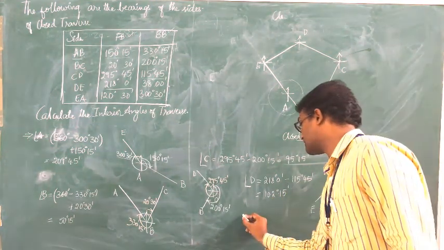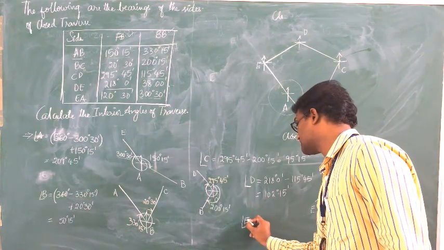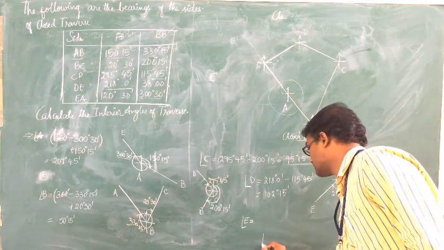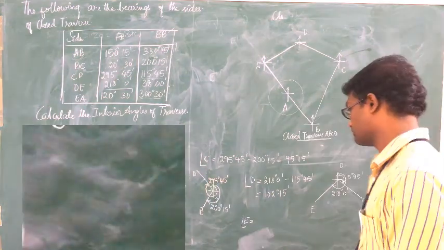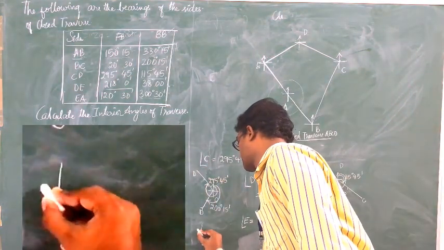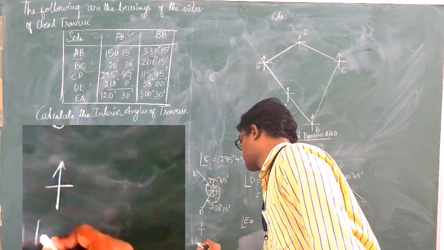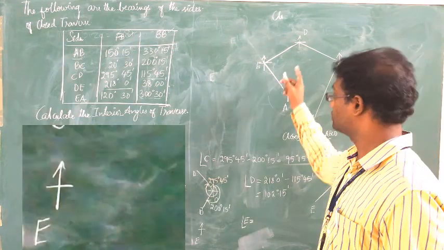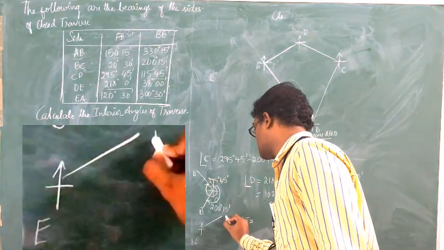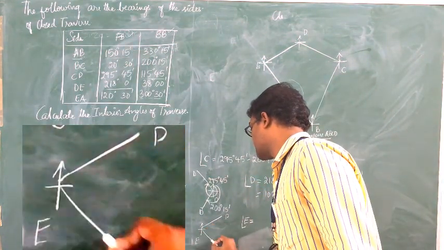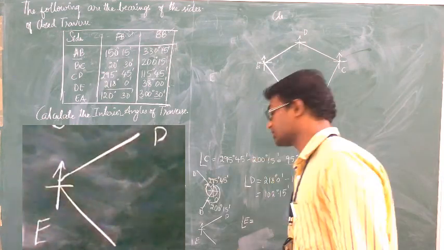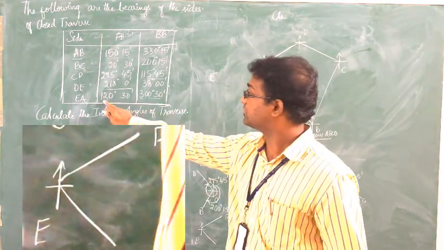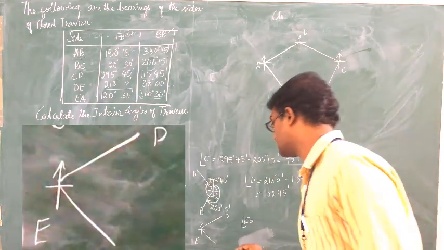Now let us calculate last angle, that is angle E. Draw the angle E. From station point E, I have two lines. One line is to D, and the line is to A. Now, do I know bearings of them? E to A is 140 degrees 30 minutes.